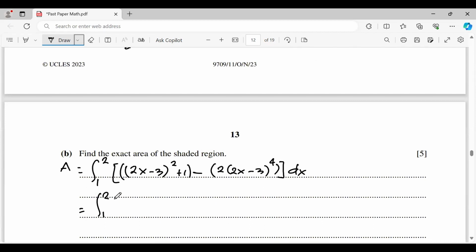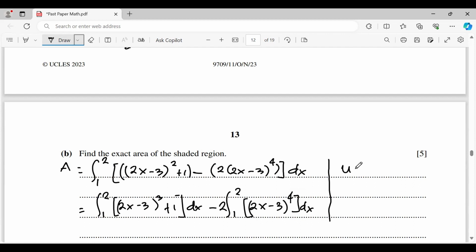I'm going to separate this: the integral of (2x minus 3) squared plus 1 dx minus the integral of 2 times (2x minus 3) to the power 4 dx, right?